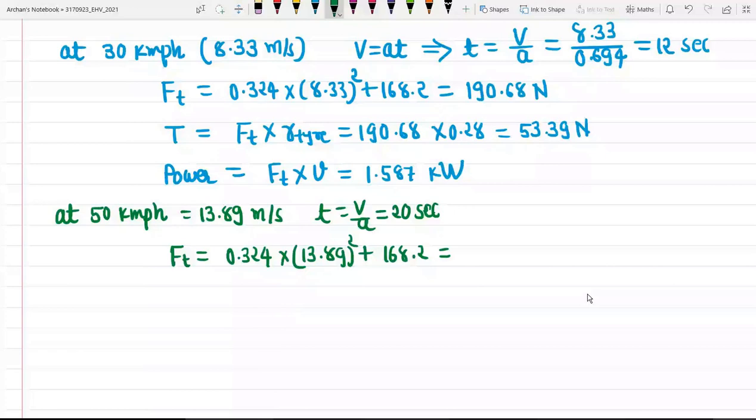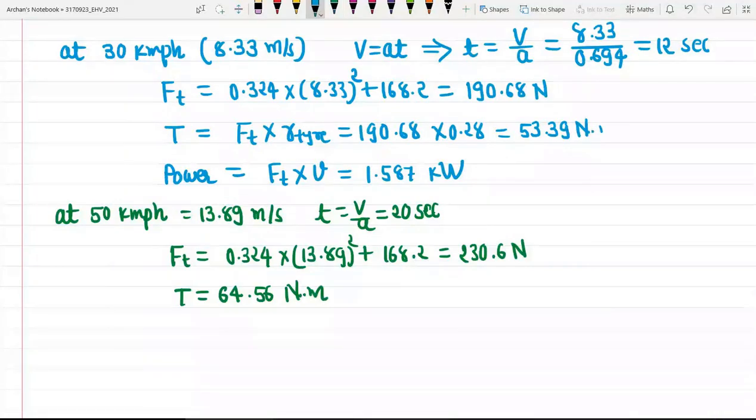Now you can see the tractive force required is increasing with increase in the speed. And the torque required is 64.56 Newton meter. Here the unit should be Newton meter. And the power required is tractive force into velocity v, which is equal to 3.202 kilowatt.